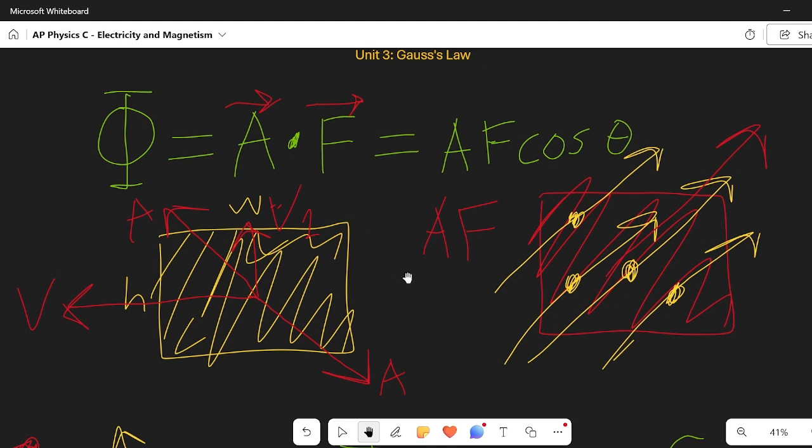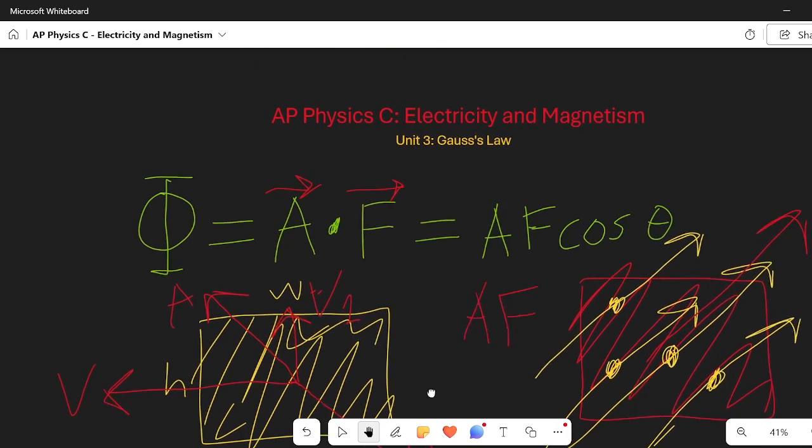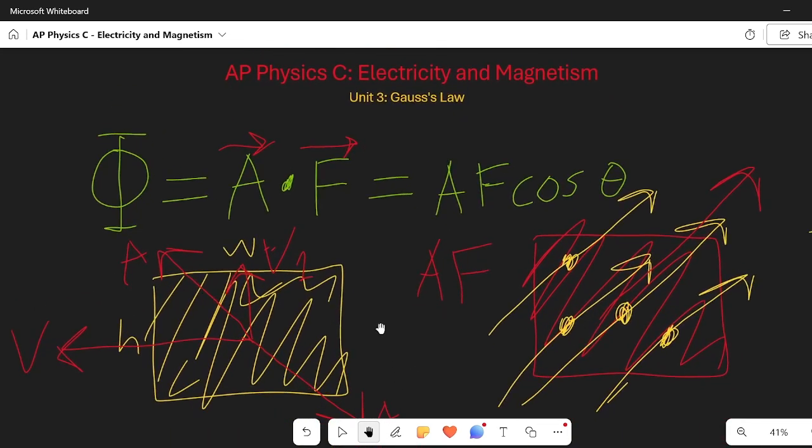So get this idea in your head, because this will appear so much more throughout AP Physics C electricity and magnetism. Whenever we can't assume something to be constant, or when it can keep changing, remember, calculus is the concept of change.